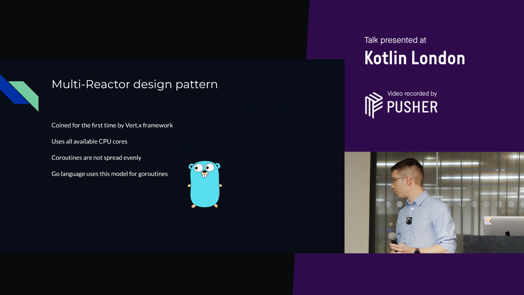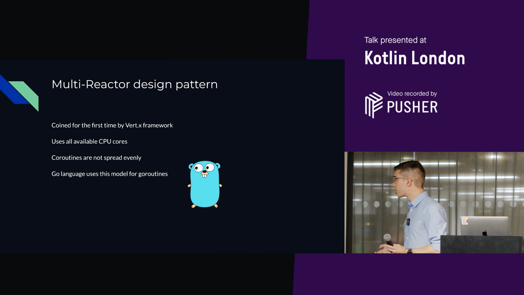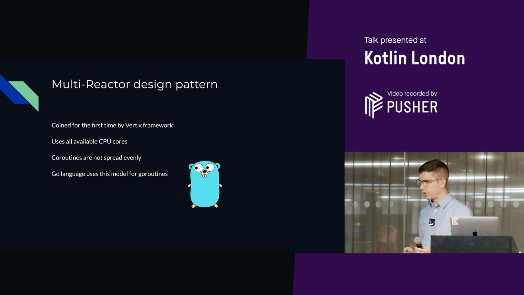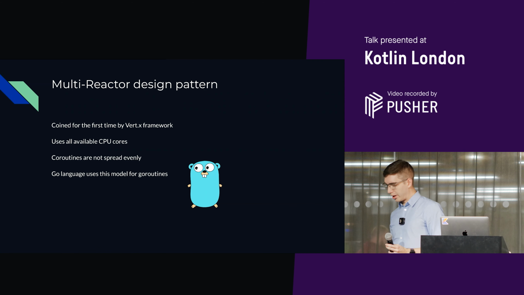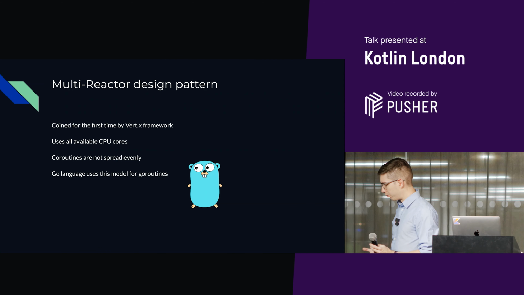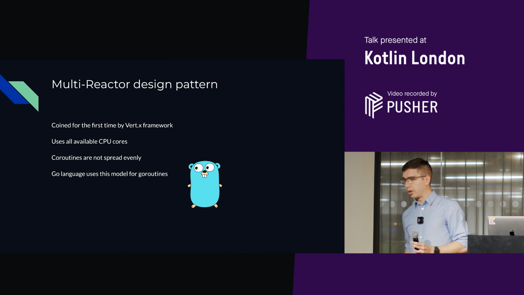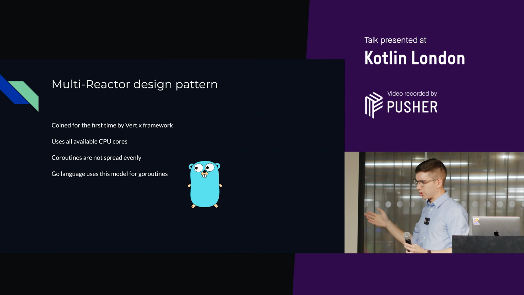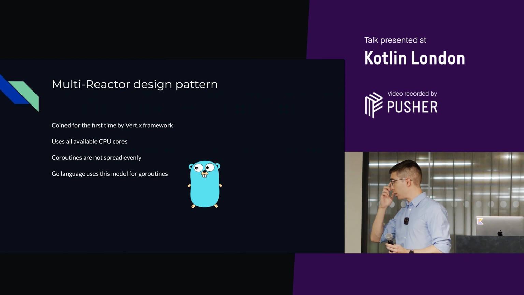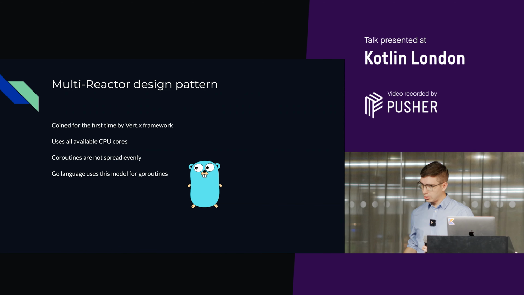I think it was coined about 10 years ago by Vert.x framework, which is a Java framework. The inventor of Vert.x, a British guy, Tim Fox, looked at Node.js at that time, in 2010.